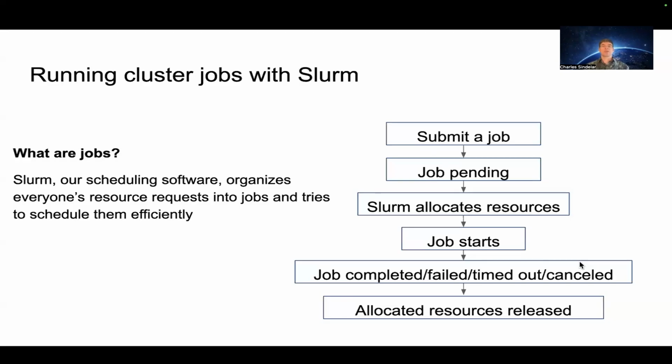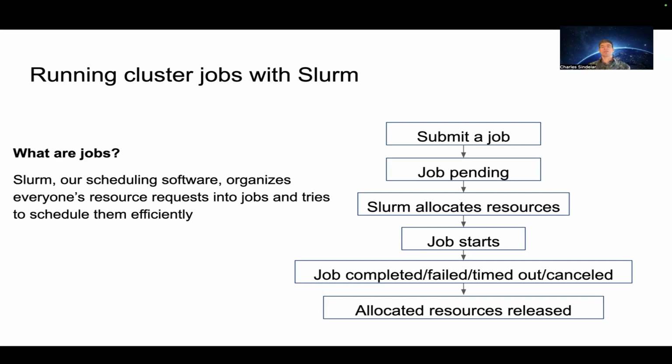Unlike your desktop or laptop computer, the HPC clusters, like the ones at Yale, have many, many nodes and many, many cores and CPUs with a diverse set of other hardware that may include graphics processing units or GPUs and other specialized features. So in order to share these resources equitably and fairly, we run a special software called Slurm, which takes care of this for you.